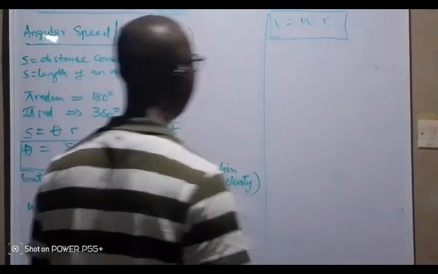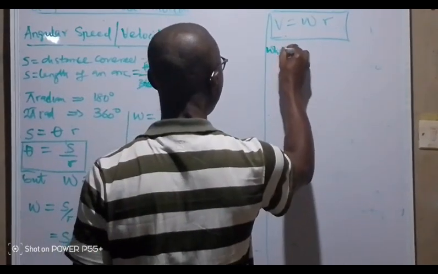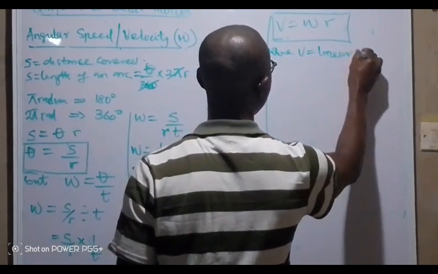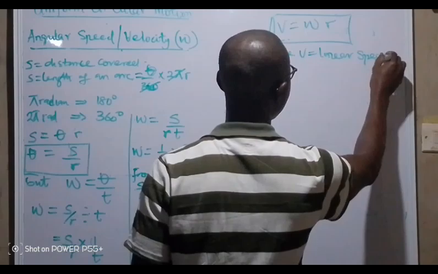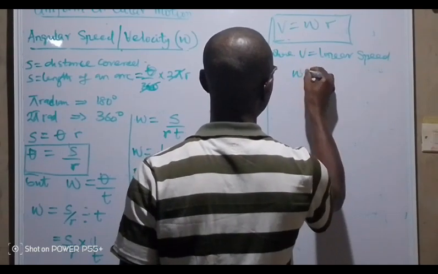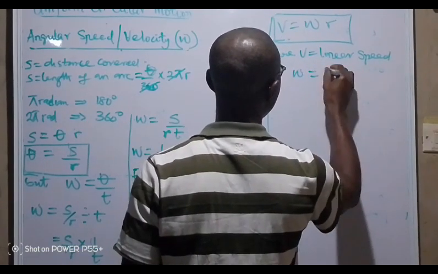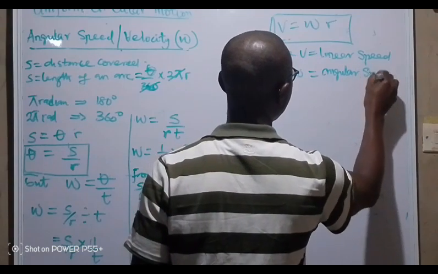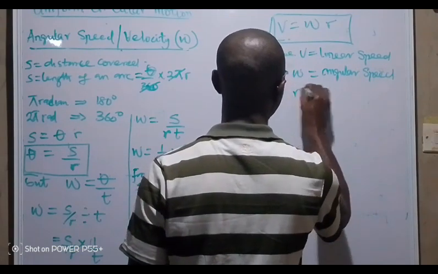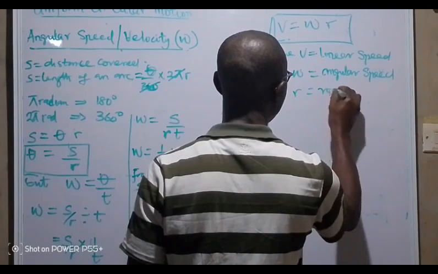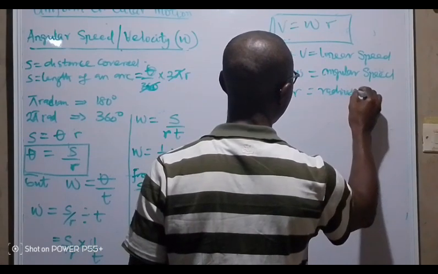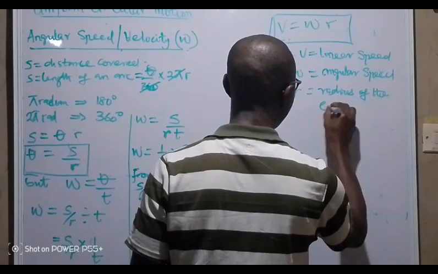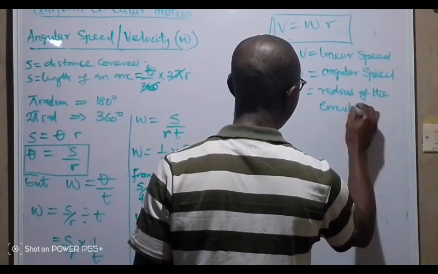Where V is equal to linear speed, omega is equal to angular speed or velocity, R is distance from the central part or radius of the circular path.